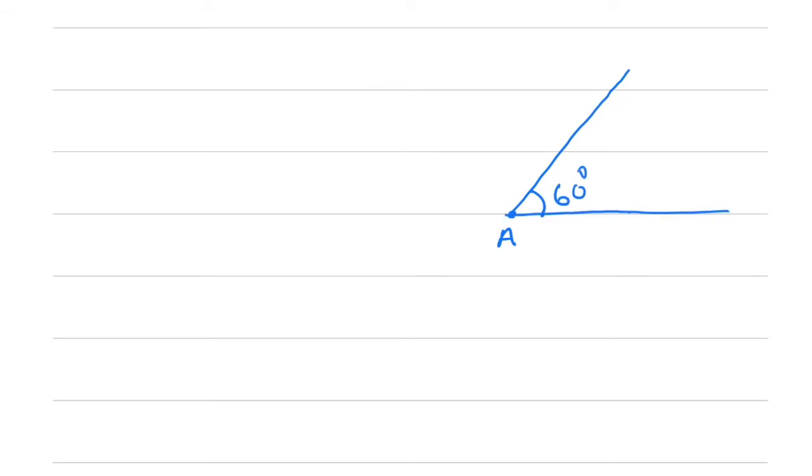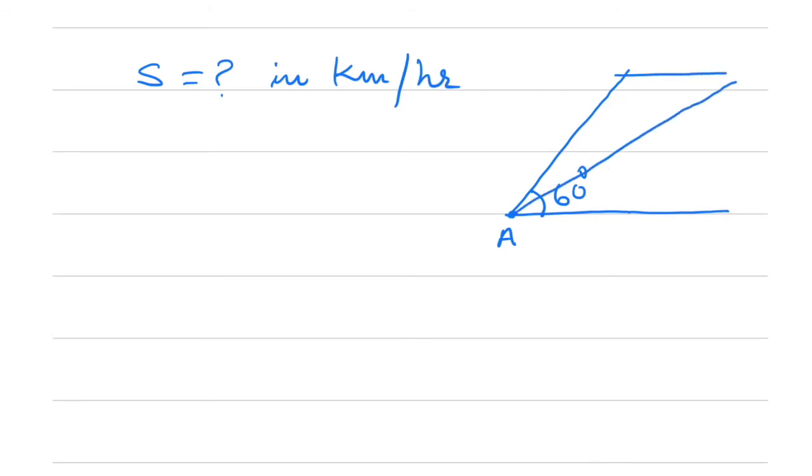After a flight of 15 seconds, the angle of elevation changes to 30 degrees. If the aeroplane is flying at a constant height of 1500 root 3 meters, you have to find the speed in kilometer per hour. So this is 30 degrees now.